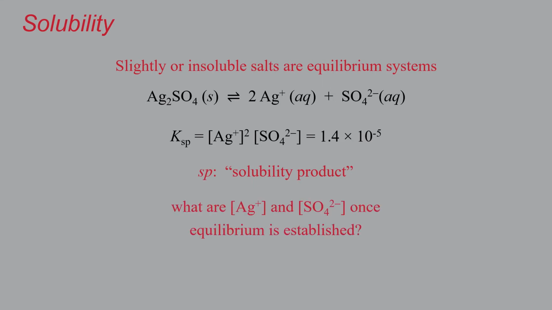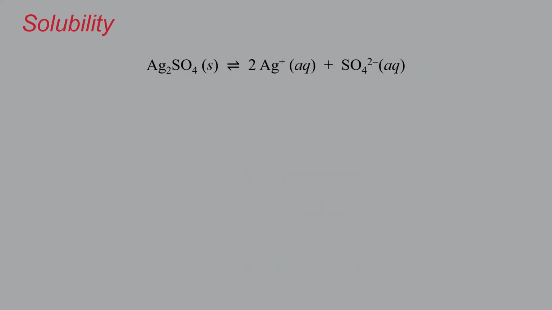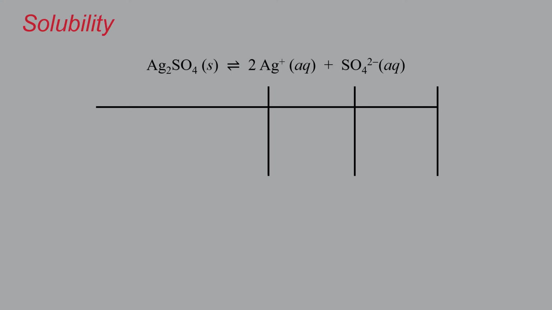All right, so a question we could ask ourselves is, what are those concentrations of silver and sulfate once equilibrium is established? And yep, that means more ice tables. To the ice table. All right, so here's our equilibrium system. We've got our silver ions, our sulfate ions.